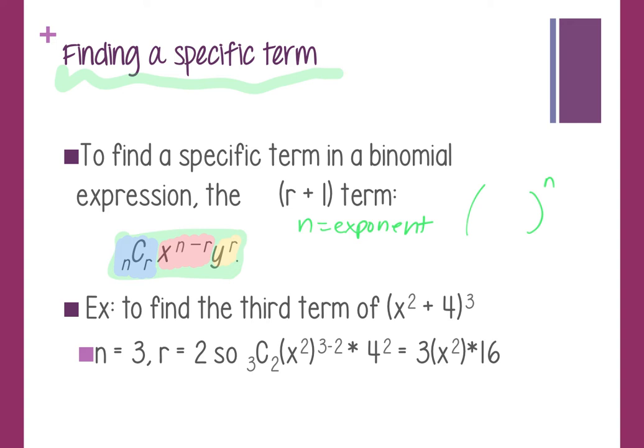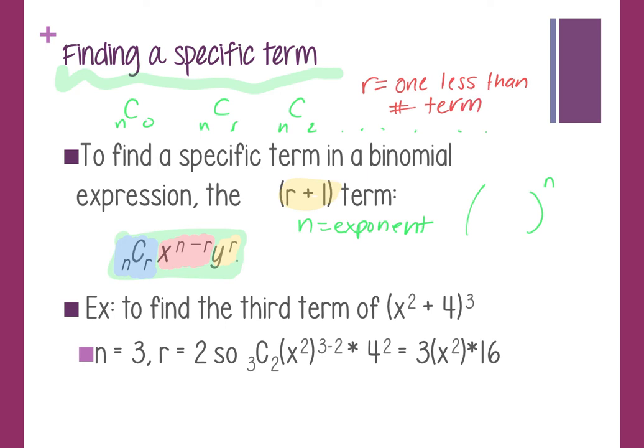The r is not the same as the numbered term, because if you think about when we expand, we start with r 0, right? If I expand out a CNR, I start with CN0, and then I do CN1, and then I do CN2, and so on and so forth. So the r is one less than the numbered term. So whatever the numbered term is, r is one less than that.